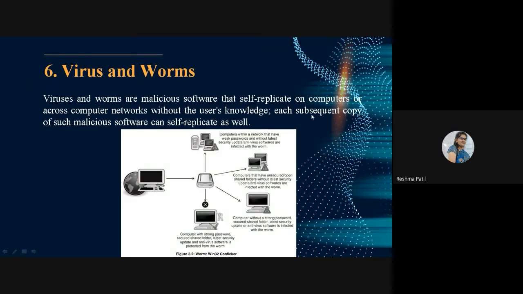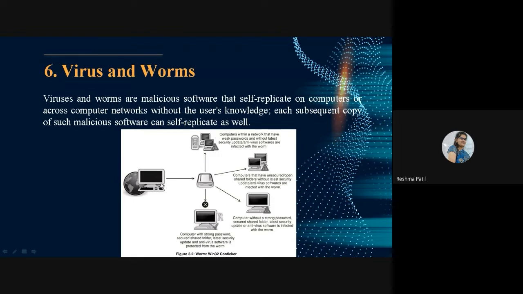Each subsequent copy of such malicious software can self-replicate as well. So if one copy of a virus is there, it will create one more copy. That copy can create other copies, meaning it is going to self-replicate itself. The same version is now available on the different computers in the network.